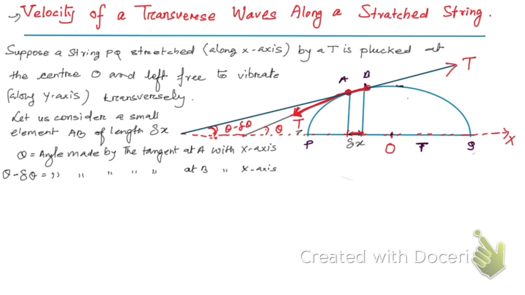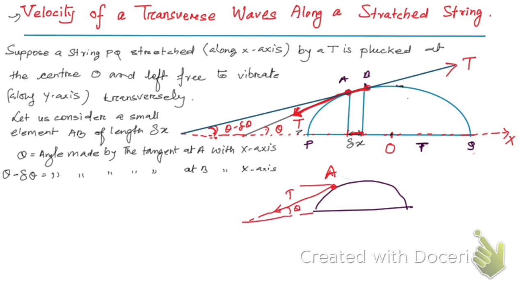Now you see, these tensions at A and B can be resolved into rectangular components, right? So suppose this point is A, and here is the tangent, and this is the direction of the tension, which makes angle theta with the x-axis, right?